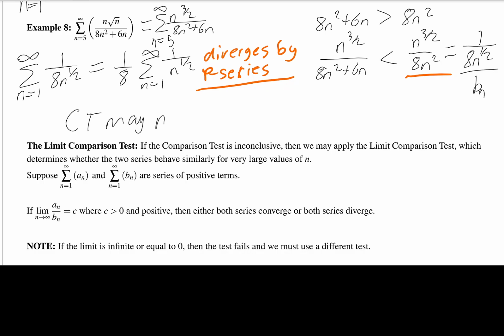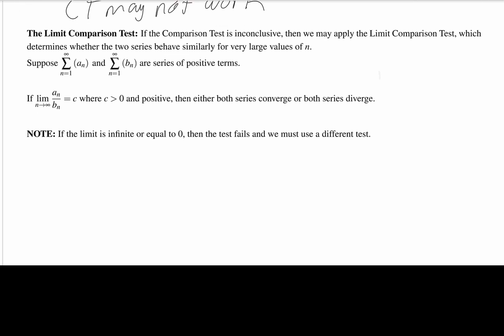The reason I say may not work is because it may be possible for us to get some nasty inequality over here, where stuff will cancel out correctly, and then maybe it works. But instead of going in that direction, it's better for us to use something called the limit comparison test.